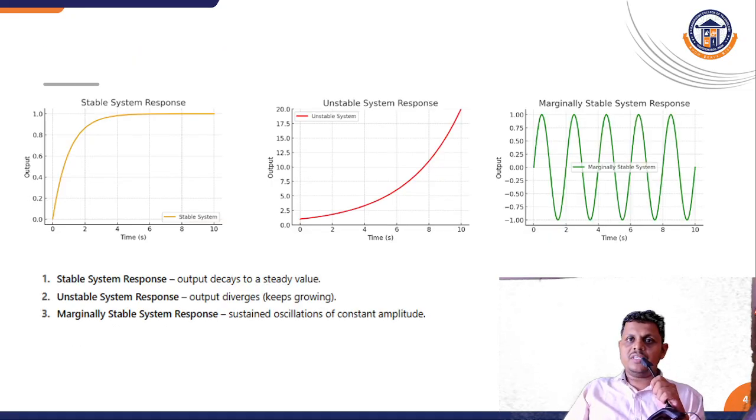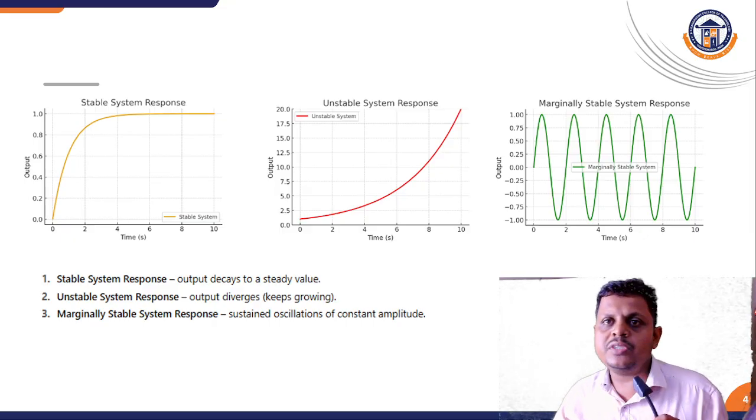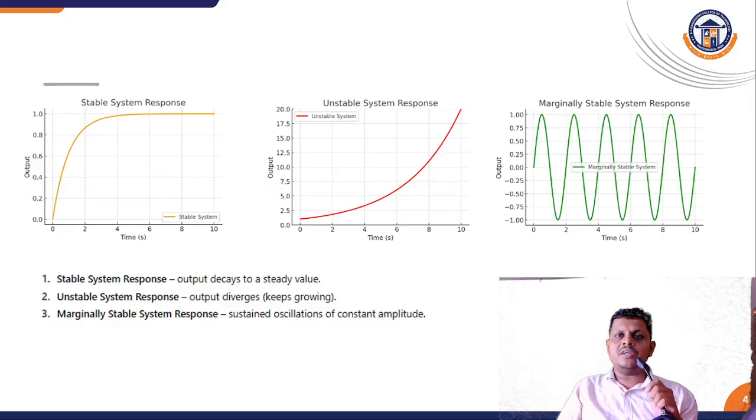And next, this is the graph for a stable system, unstable system and marginally stable system. The graph shows that in the stable system the output decays to a steady value, and in the unstable system the output diverges. It keeps growing until it reaches a limit.